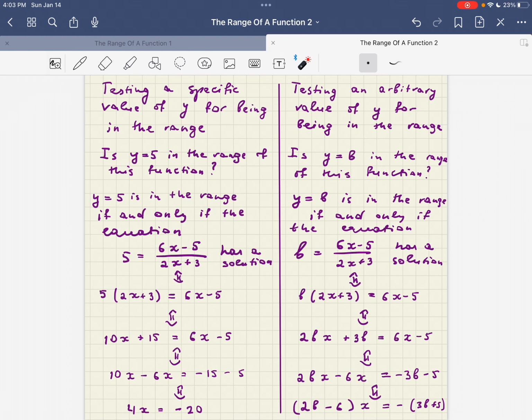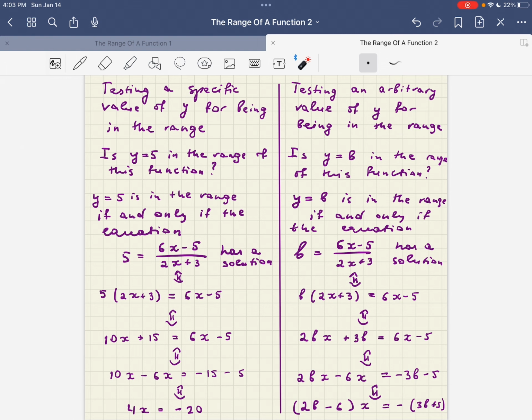We now need to combine the x terms on one side and the constants on the other. We have two x terms here, 2bx and 6x. We combine them on the left-hand side. So I move 6x from the right-hand side to the left, and the constant term 3b we move from the left-hand side to the right-hand side. We now get 2bx minus 6x equals negative 3b minus 5.